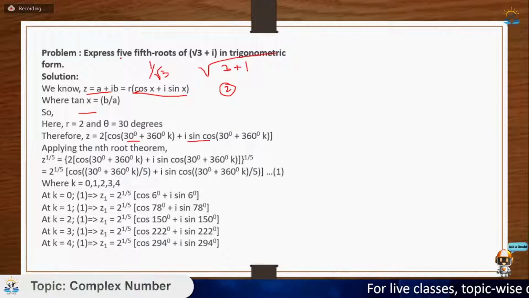And we need the fifth roots of root 3 plus iota in trigonometric form.